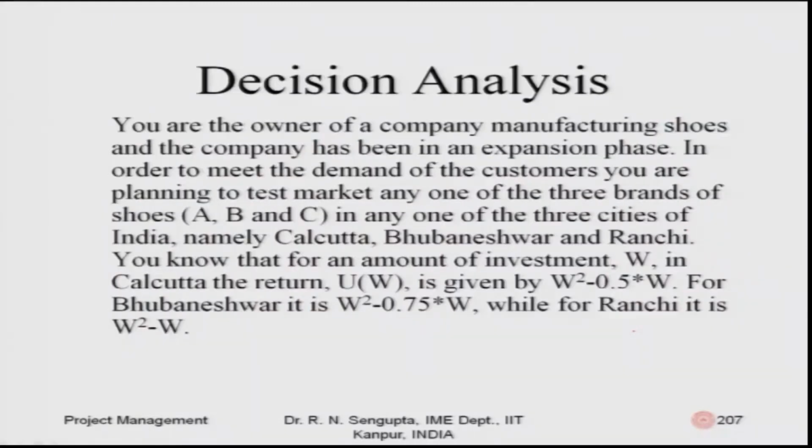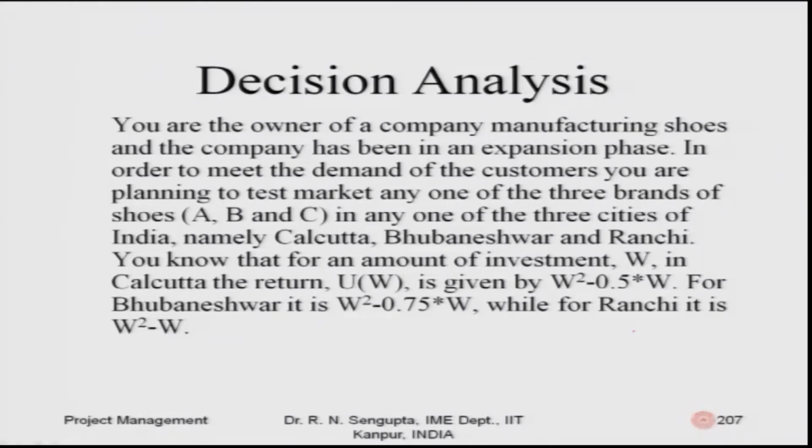So, you are the owner of this company manufacturing shoes. I will take another 1 or 2 minutes and try to wrap up decision analysis. You are the owner of a company manufacturing shoes and the company has been in expansion phase, and you have 3 cities in India, namely Calcutta, Bhubaneswar, Ranchi. You know that from an amount of investment M W, your utility function is quadratic.